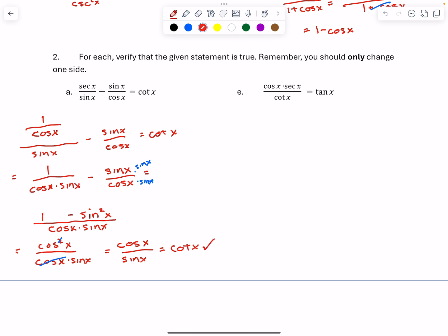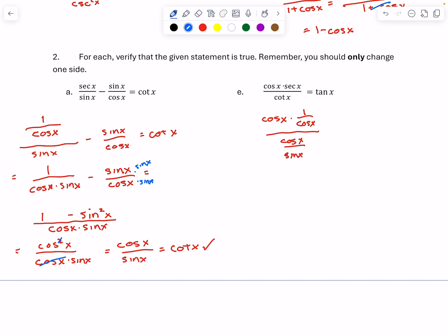Okay, what about this next one? Secant is 1 over cosine. Oh, look at that. Oh, sorry. Cotangent has cosine on the top. Okay.